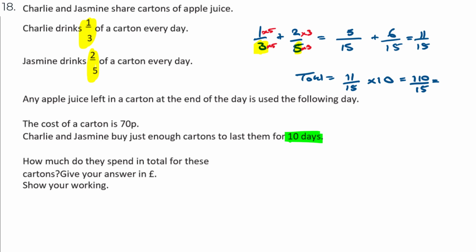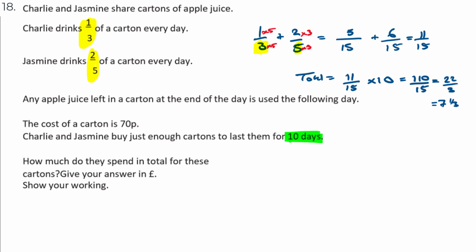And also, it needs simplifying anyway. Both these numbers divide by 5, so I'm just going to double it, 220, and then divide by 10. 220, 22. So that's 22 over 3. Dividing by 5, top and bottom, is 22 over 3. So 3's into 22 goes 7 times. So that's 7 1/3 cartons of juice that they need.